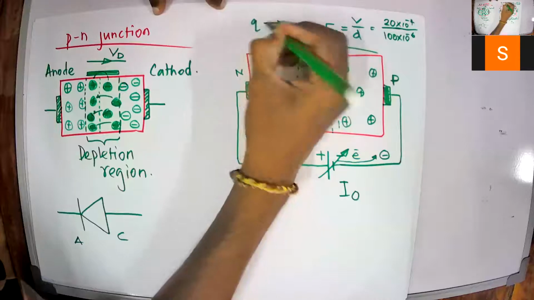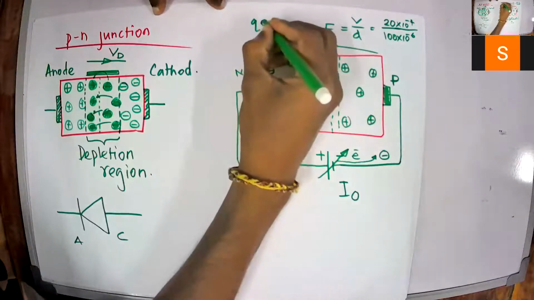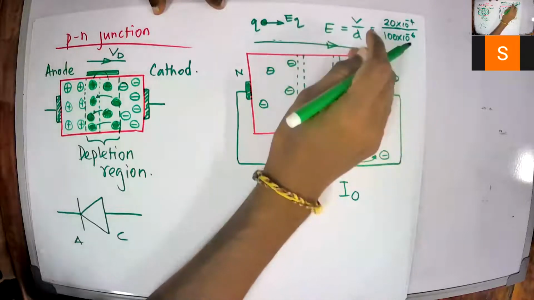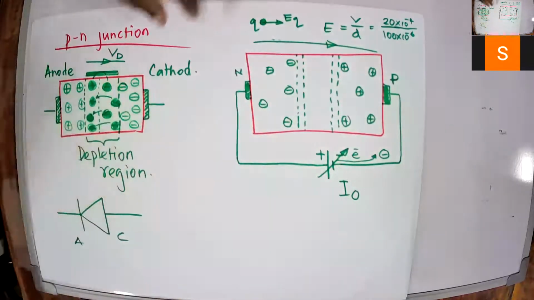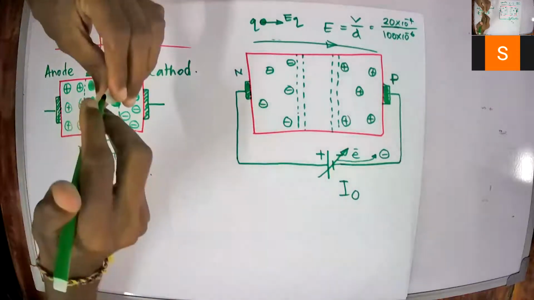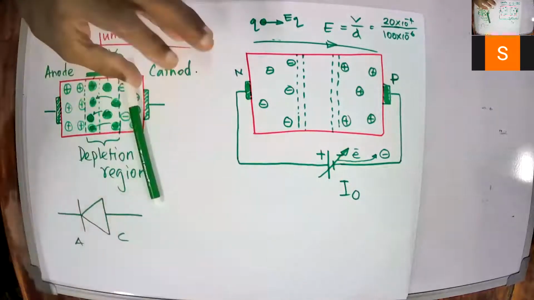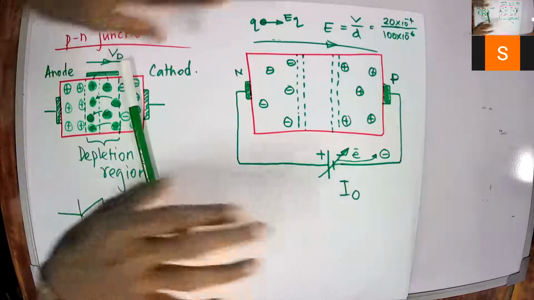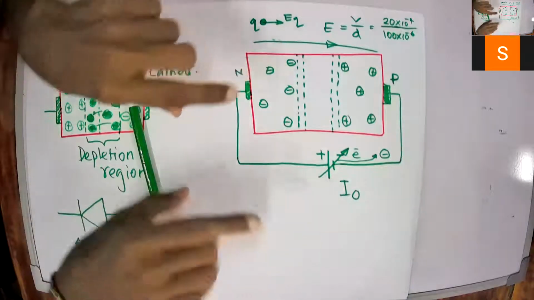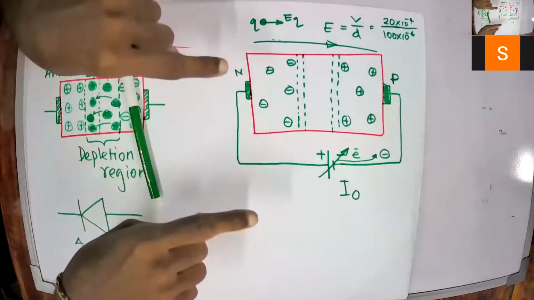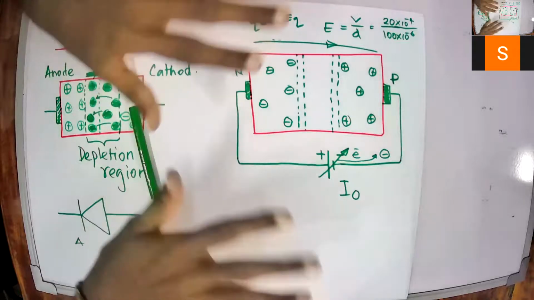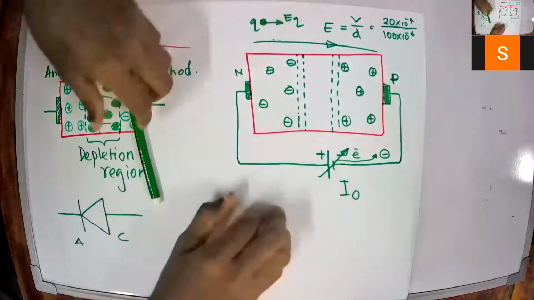If you have a charge Q, then the force acting on the electron will be EQ. The electron will be accelerated and hit another electron and create 2, and those 2 will be accelerated, hit another 2 electrons and create 4. Like this, the carrier multiplication will happen.